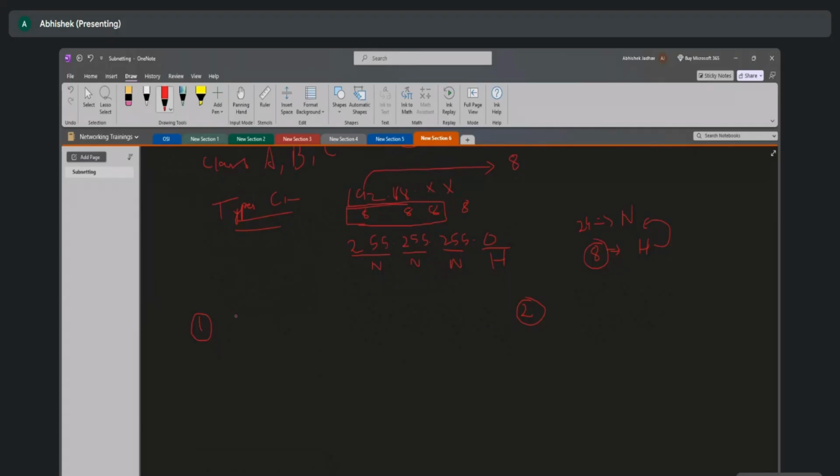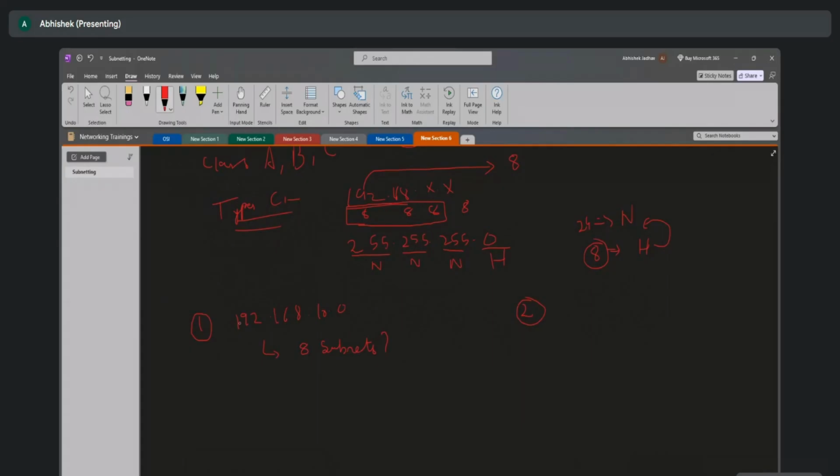One way could be that they will give you an IP, 192.168.10.0, I'm just taking a random IP address here, and ask you, for this IP address, give me 8 subnets.